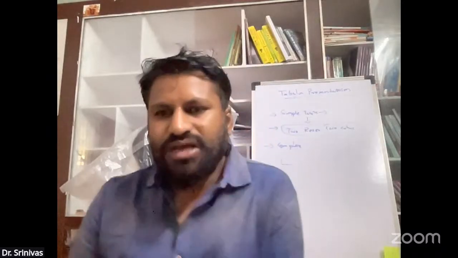So this is unit 4, the topic of which is the preparation of tabulation. What we discussed in this chapter is the meaning and definition. Meaning: tabulation is the systematic arrangement of data into rows and columns. And the definition: tabulation is the process of presenting data in a table.